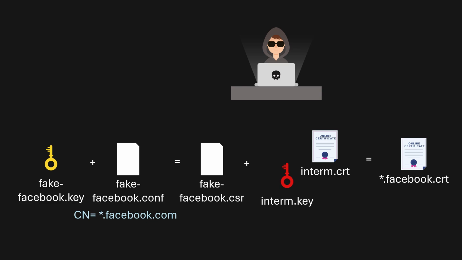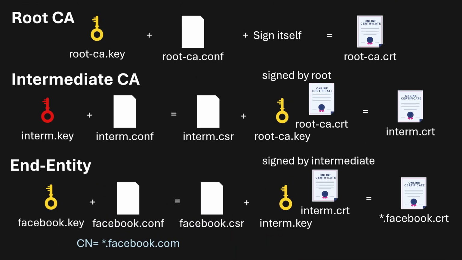They could generate a brand new trusted certificate for Facebook.com even though Facebook normally uses DigiCert as its certificate authority. Your browser doesn't care. It walks the chain, finds a trusted root at the top, and accepts it without a single warning.